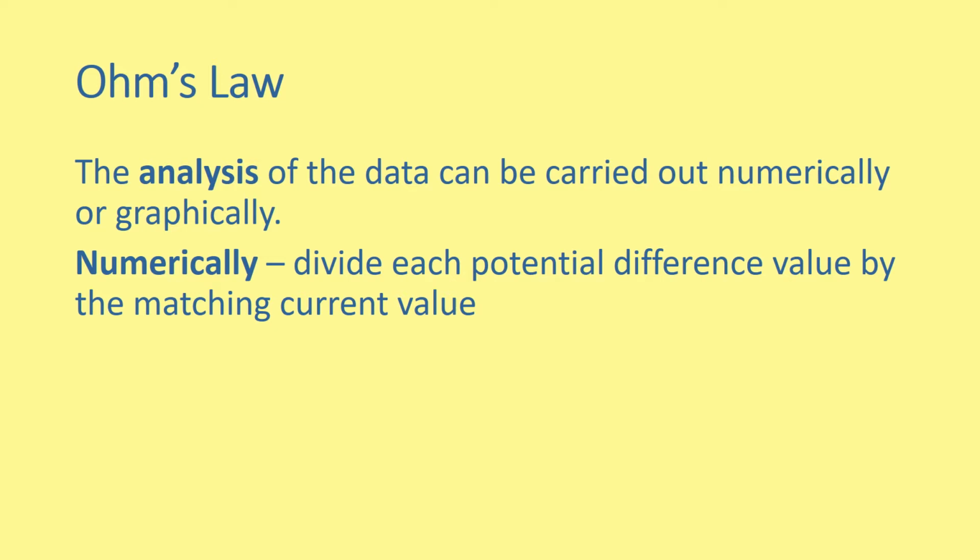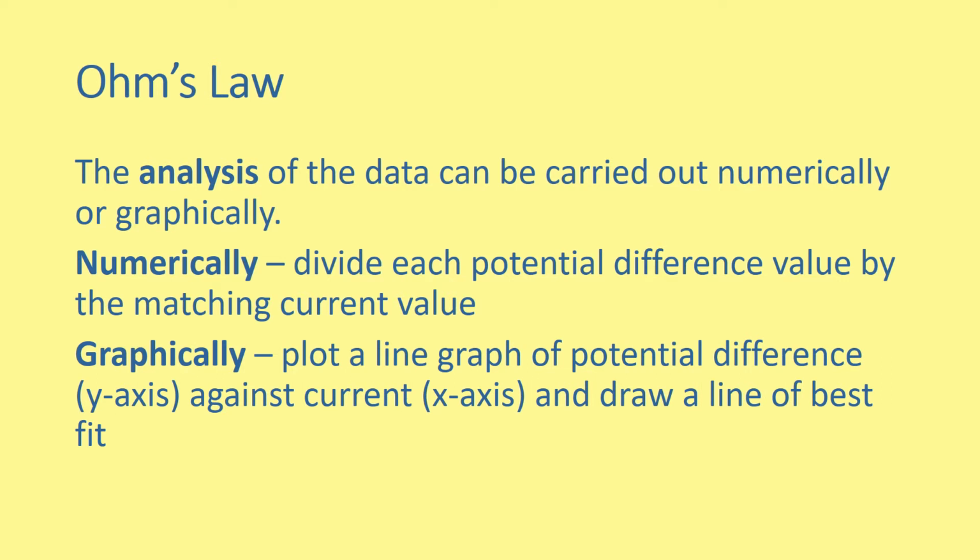Numerically, we divide potential difference value by the matching current value. Graphically, we plot a line graph of the potential difference against the current and draw a line of best fit. Remember, potential difference is what's changing, and then the current changes because of what we do.